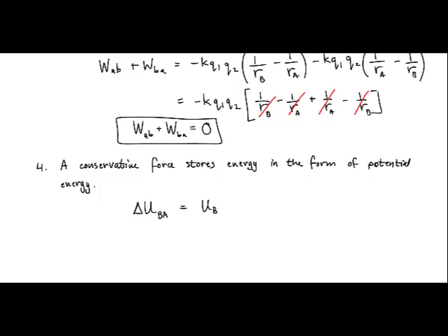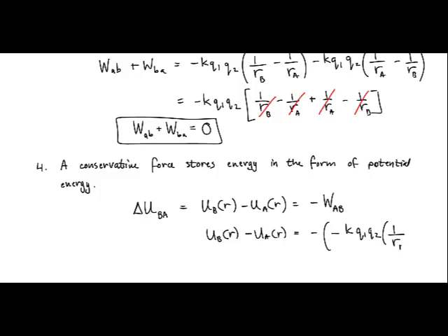The potential energy at some point B as a function of relative position, minus the potential energy at some point A as a function of relative position, is equal to minus the work done by a conservative force in moving an object from A to B. For our Coulomb force, the work done in moving the object from A to B was equal to minus K times the product of the charges times 1 over the final position minus 1 over the initial position.